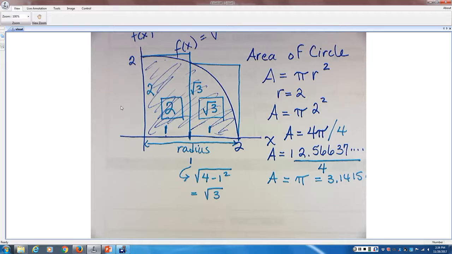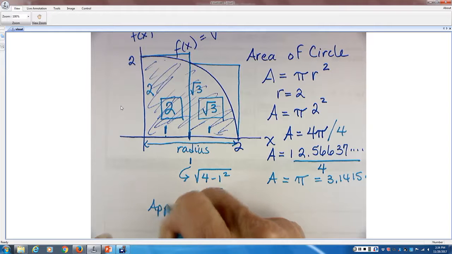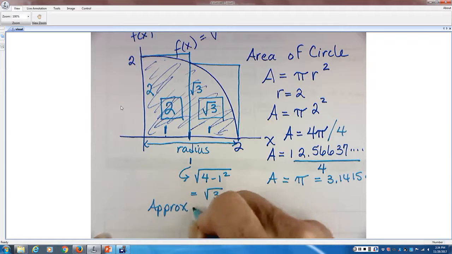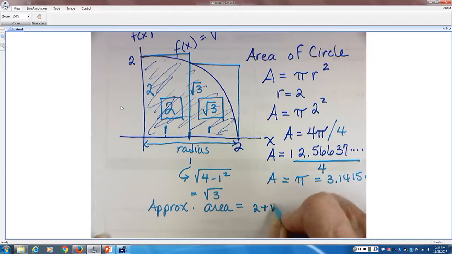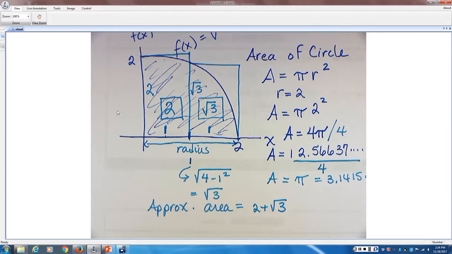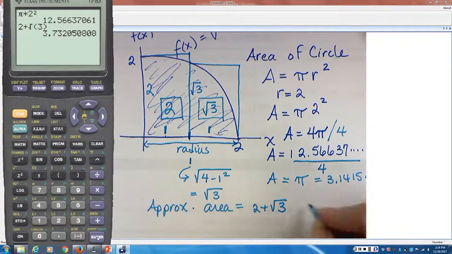So the approximate area would be 2 plus the square root of 3, which would be 3.73.